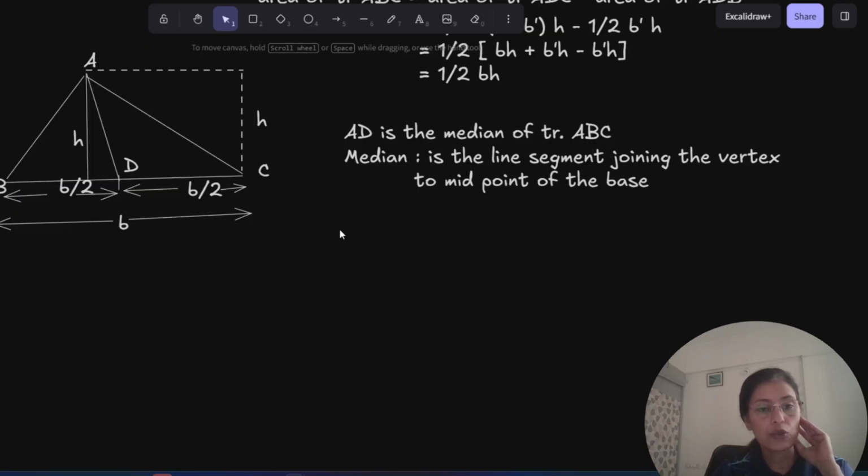We consider triangle ABD, and we'll consider triangle ACD.